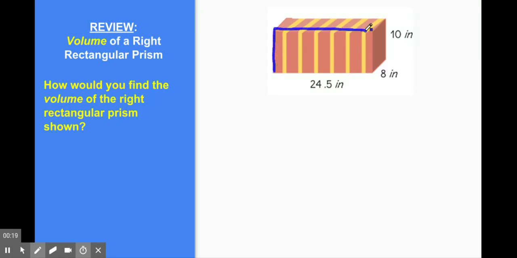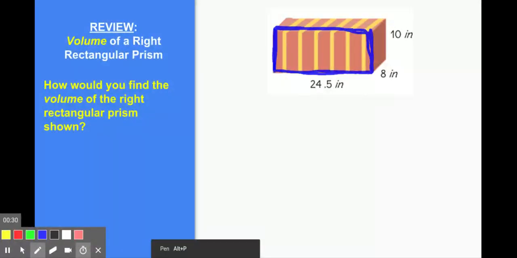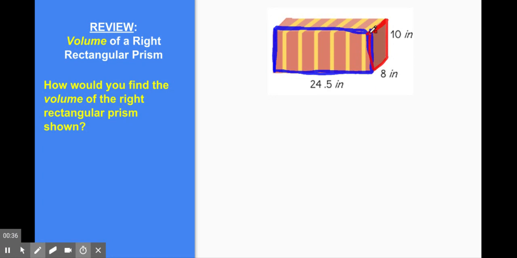Here's one that is 24.5 inches by 10 inches. And then here's another one that is 8 inches by 10 inches.